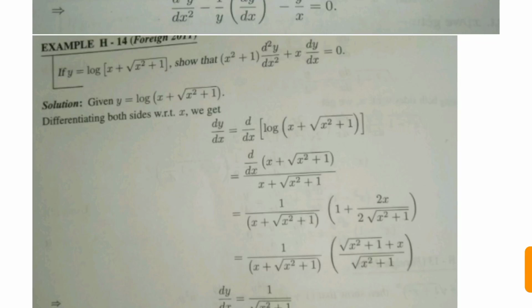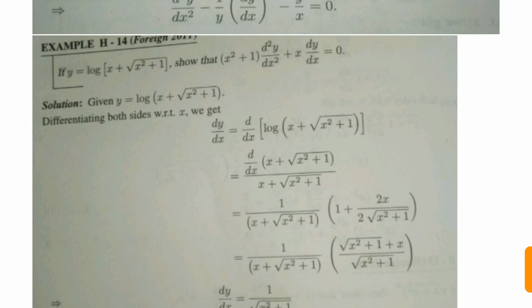It is a half power of x square plus 1. So first you apply power rule, that will become 1 upon 2 into x square plus 1 whole power half minus 1. So it will become minus half into d upon dx of x square plus 1, that is 2x.